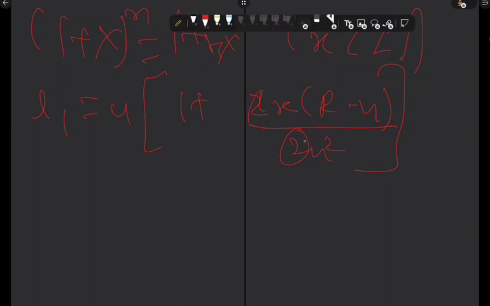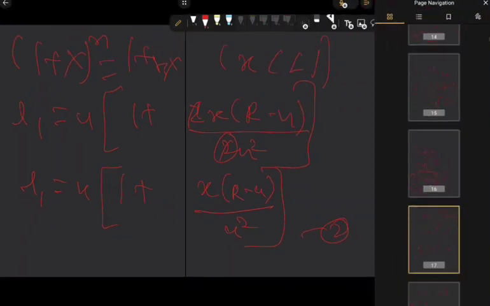So these 2 and these 2 will cancel out. Your L1 has come out to be equal to u into 1 plus x times r minus u divided by u square. This is the thing which you get from here. Now what will you get further? Let's suppose this is your equation number 2.